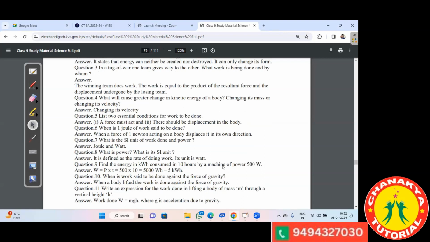See here, find the energy in kilowatt hour consumed in 10 hours by a machine of power 500 watt. However, the answer is in front of you, but try to solve this.